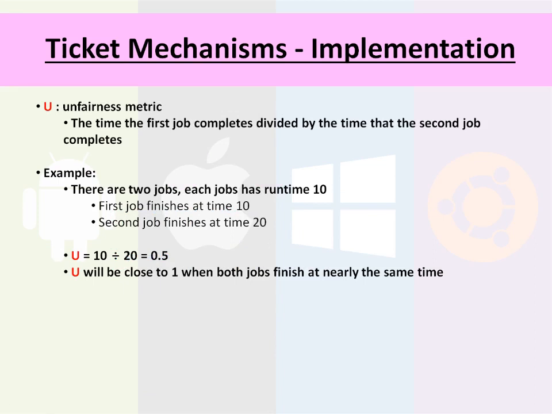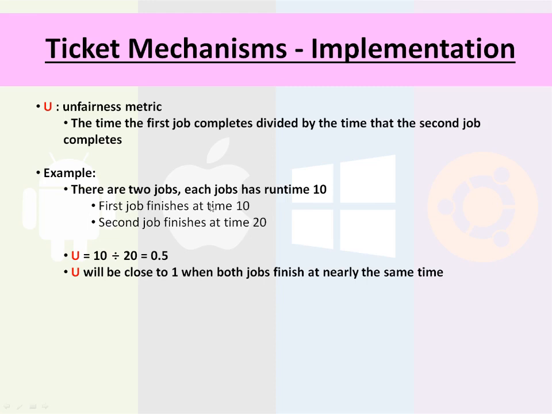Okay, so another thing to look at is the unfairness metric. This unfairness metric says the time the first job completes divided by the time that the second job completes. So here we're comparing if I get processed quicker than another job. One example is there are two jobs.